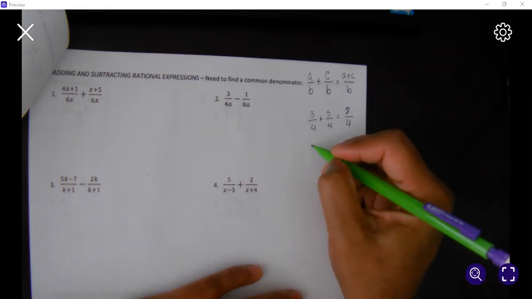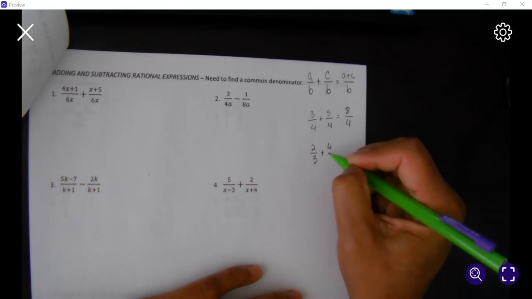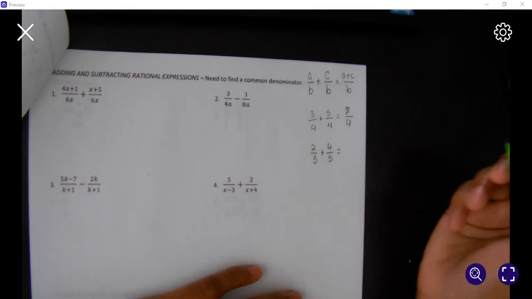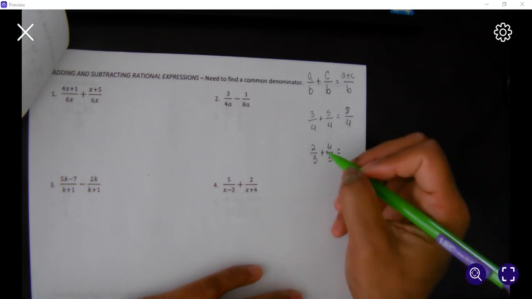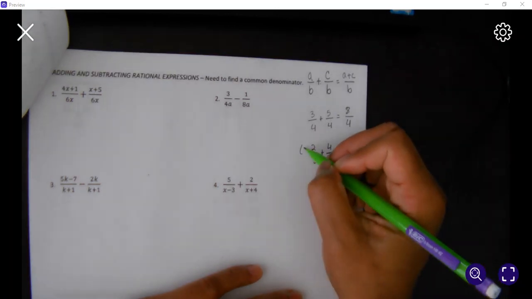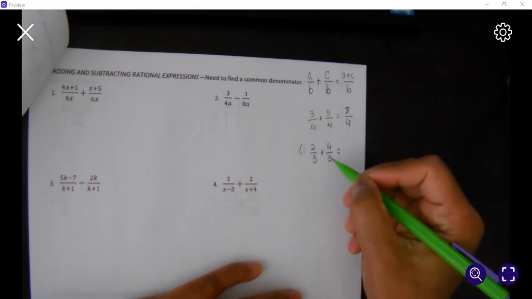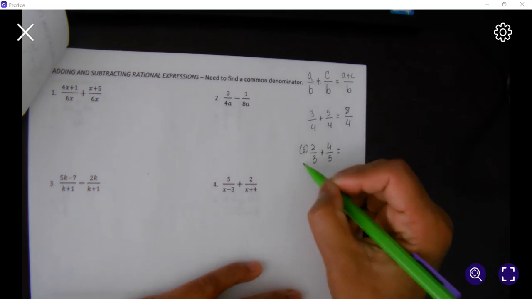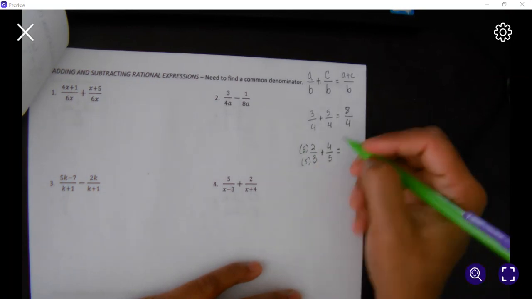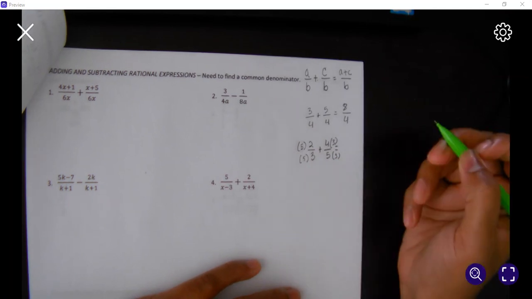But if you don't have one, let's say you have 2 over 3 plus 4 over 5, you're going to have to find a common denominator. We do that by taking the first one and multiplying numerator and denominator by the other denominator, and over here multiplying numerator and denominator by whatever's over here.